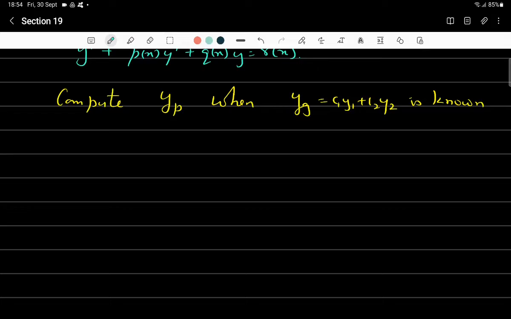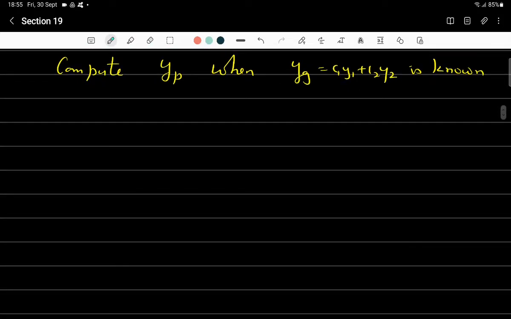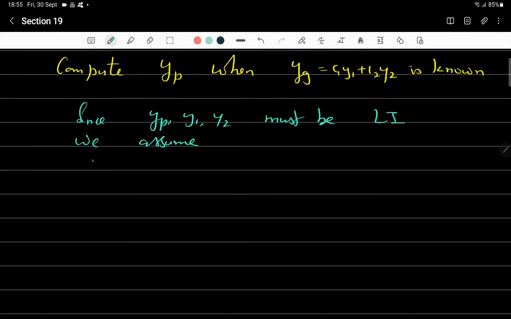Similarly, yp must be linearly independent from y1 and y2, and therefore we assume yp as v1 of x y1 plus v2 of x y2.